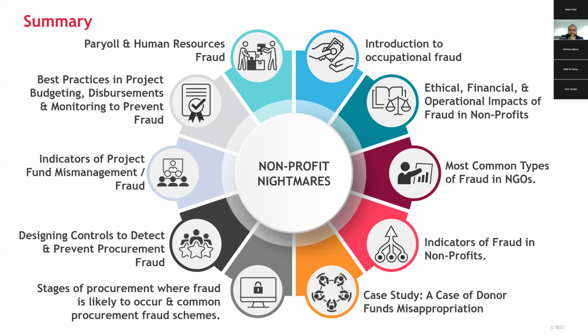We looked at a case study, and then we went to some of the stages where procurement fraud is likely to occur and how to design controls to detect and prevent procurement fraud. We went to fund mismanagement or project fund fraud and looked at some of the indicators and some of the best practices here. And finally, we finished with payroll and human resources fraud.